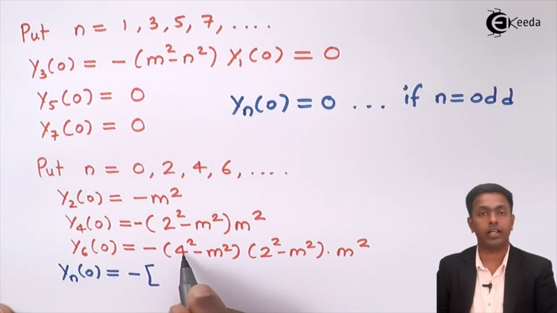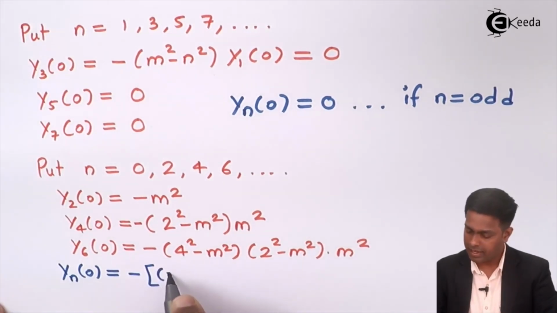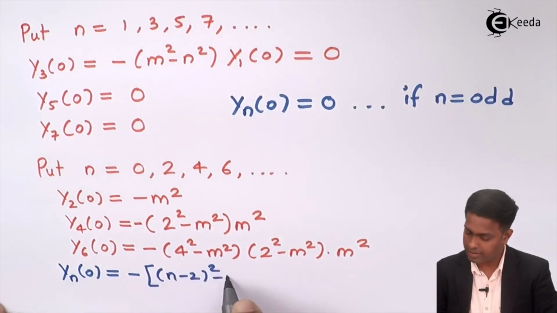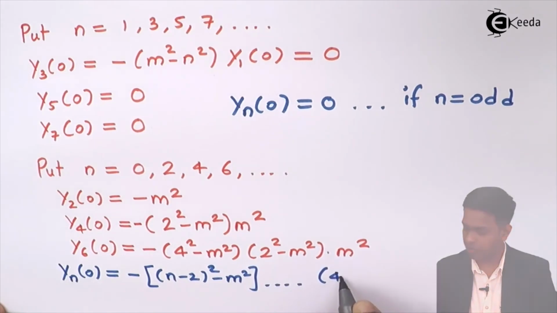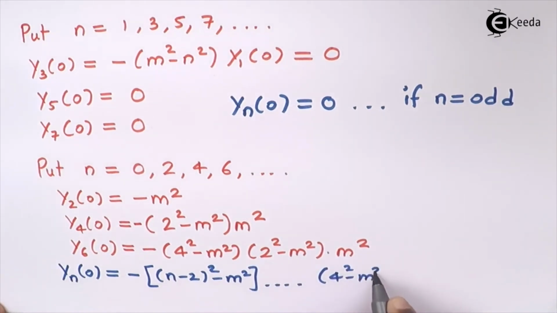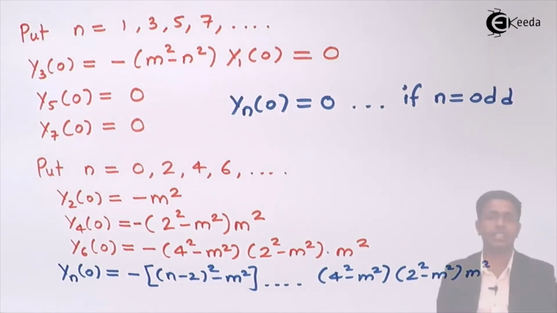And here we'll get the first term, that is the highest term, as n minus 2 the whole square minus m square, and then so on till 4 square minus m square, 2 square minus m square and into m square. So in case of yn, we'll get the highest term as n minus 2 the whole square. So guys, we will get this result if n is even.